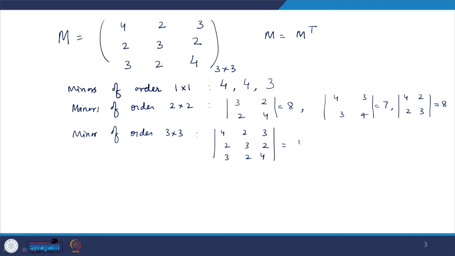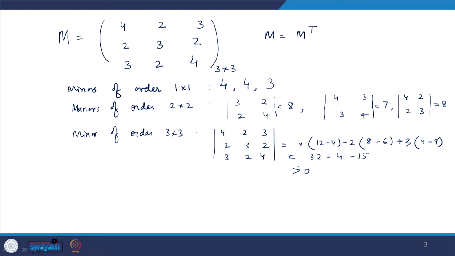It is 4 times (12 minus 4), minus 2 times (8 minus 6), plus 3 times (4 minus 9). That is 32 minus 4 minus 15. So, this value is positive of course, since 32 minus 19 is positive.